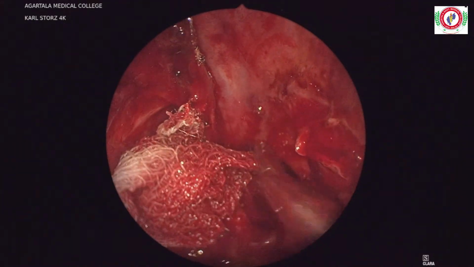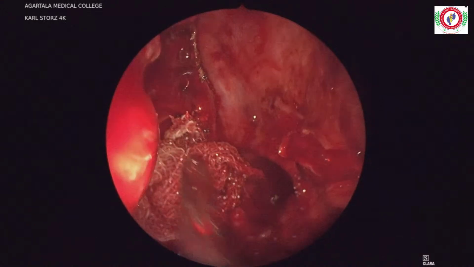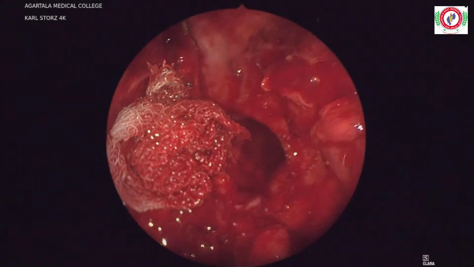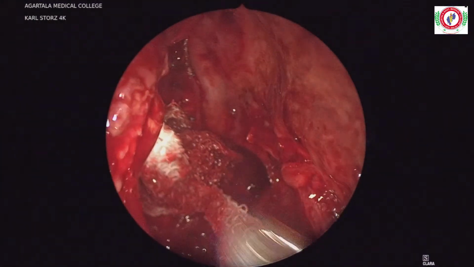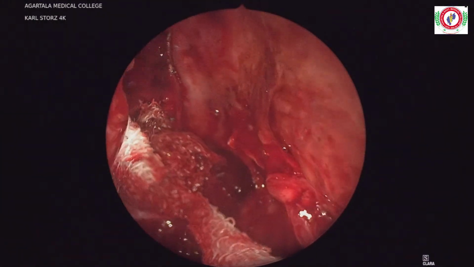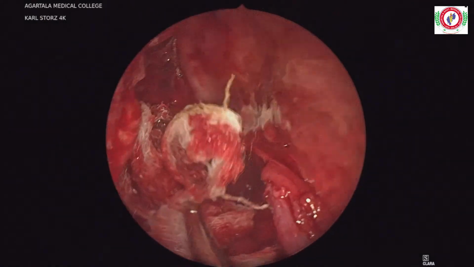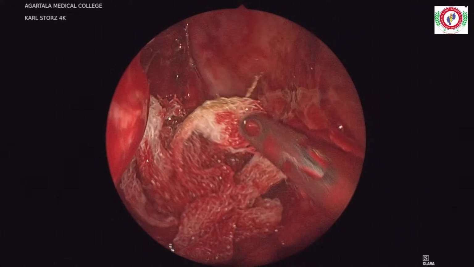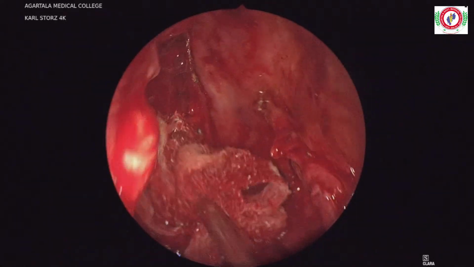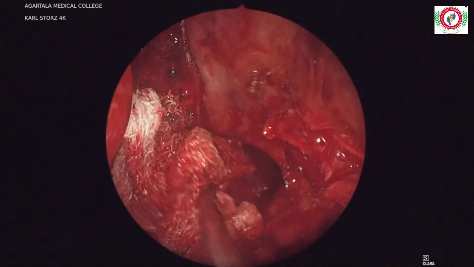If it is going in the ITF, I would go straight away with modified Denker's. The pre-lacrimal approach doesn't exist for me. It's a fancy approach. For me, either endoscopic or modified Denker's. That's all.